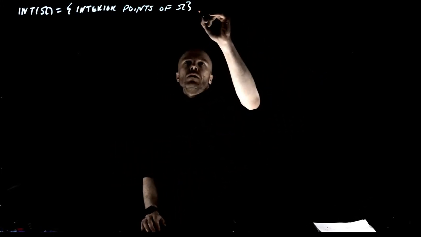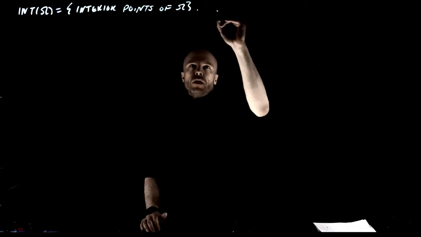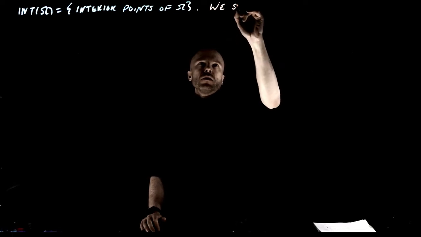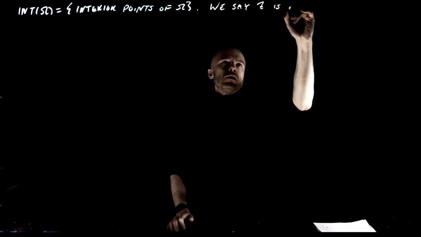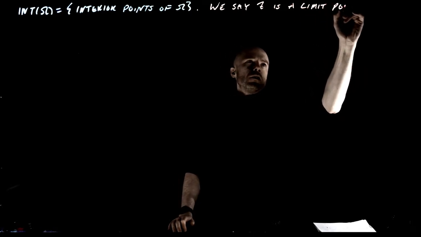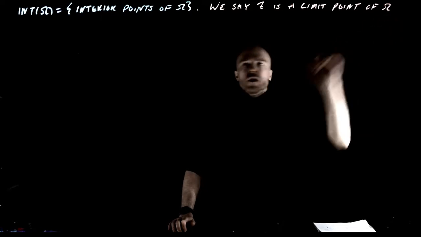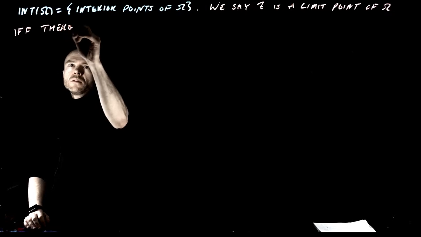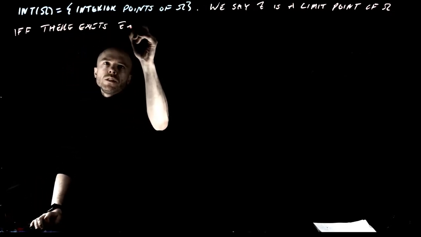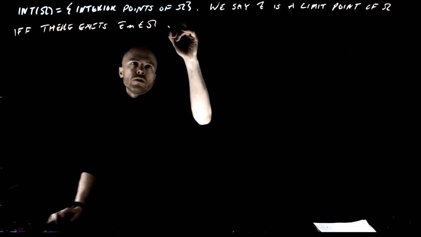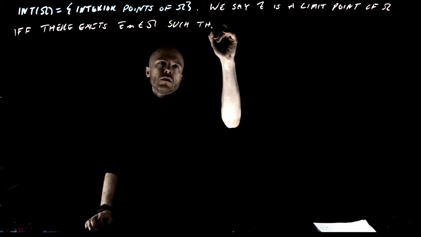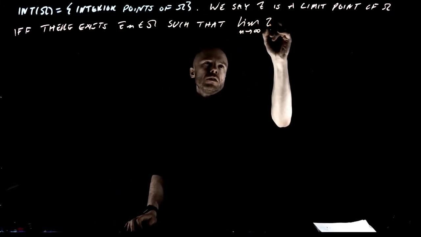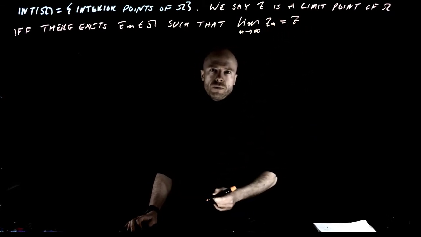Okay. Now, let's talk about the limit points. So we say Z is a limit point of omega if and only if there exists some Zn belonging to omega such that the limit, as n goes to infinity, of Zn equals Z, right?